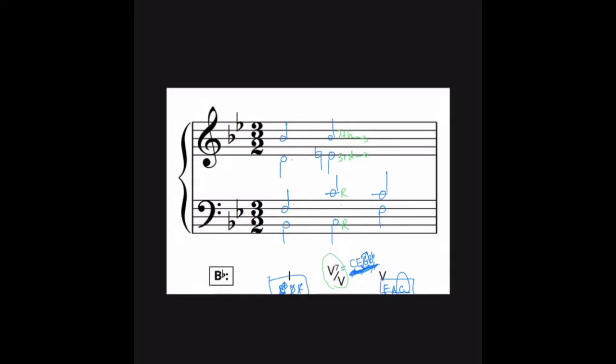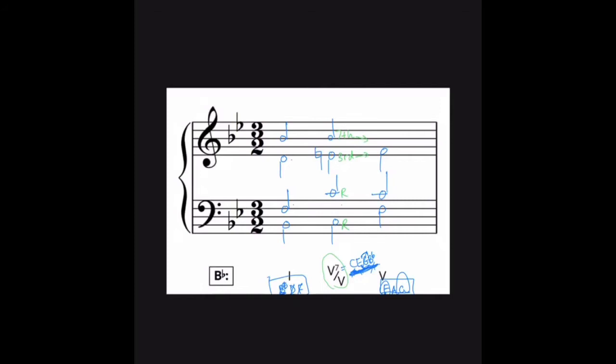So let's see. Oh, earlier we said the E natural in the alto is the chordal third in the secondary dominant 7. It's also the leading tone in the key of F. So it has to go to the F. And then the B flat in the soprano is the chordal 7th in the V7 of V, this secondary dominant 7.